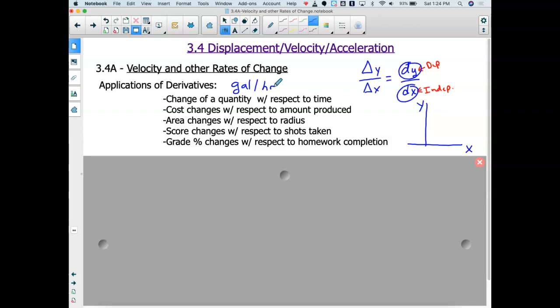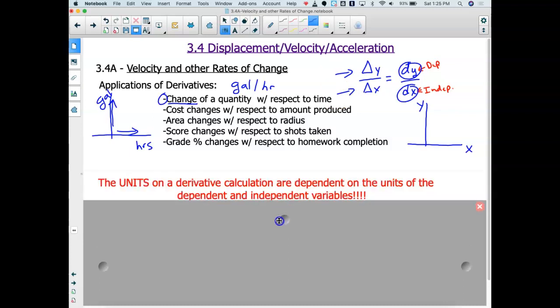As I'm looking at graphs of derivatives, like this top one, change in quantity with respect to time, if I thought about it as gallons per hour, this would be my gallons axis, this would be my hours axis, so I can look at my change, vertical change over horizontal change, top over bottom, rise over run. So this is how we can always bring these in, okay?